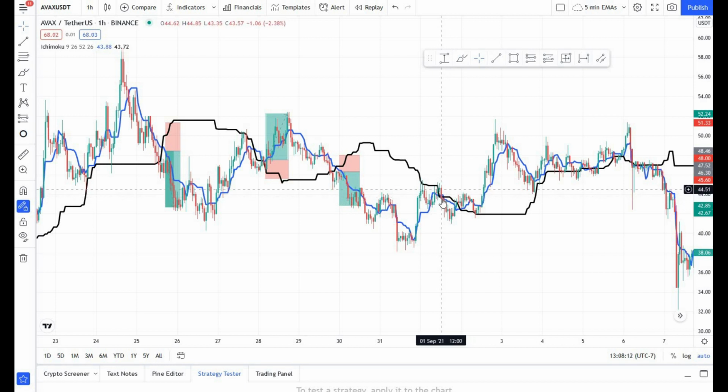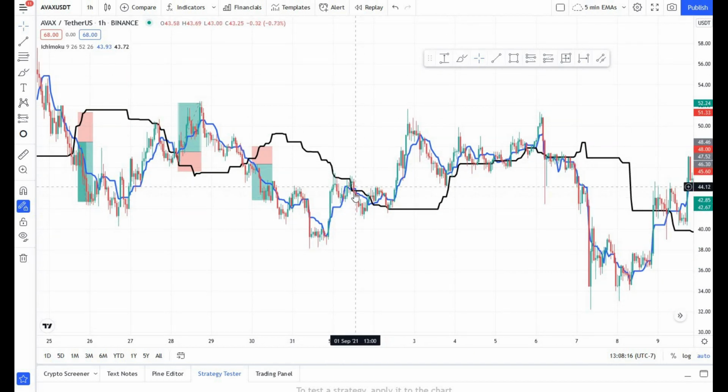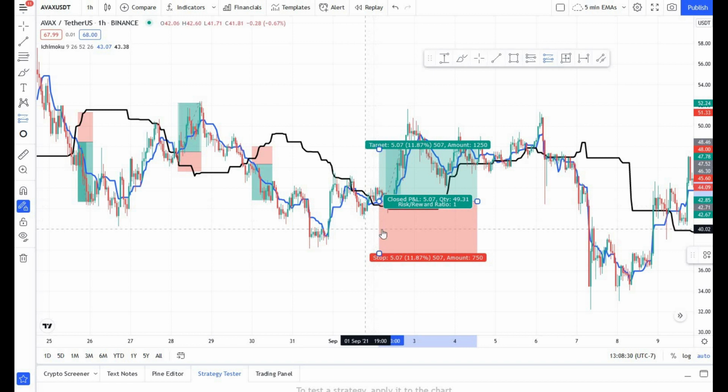This is an unsuccessful crossing of the conversion line from Senkou B. Here we have the cross, so I'll open a long position here.